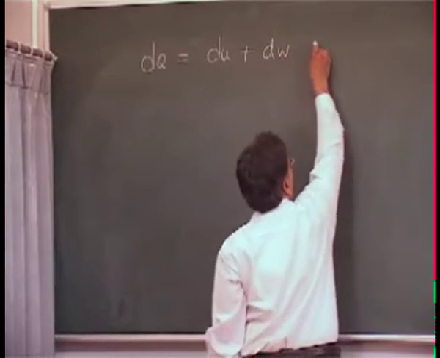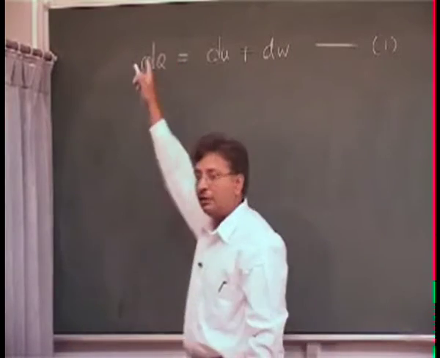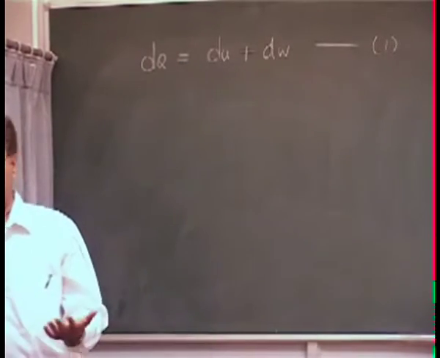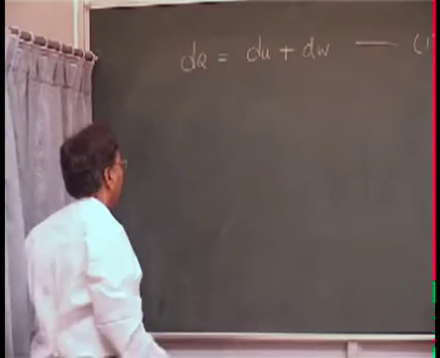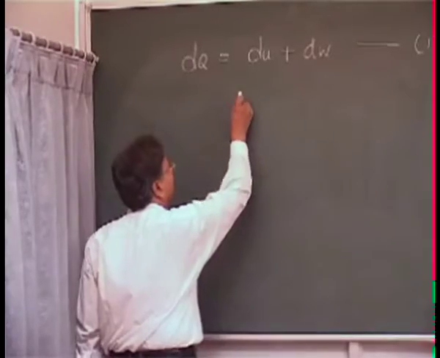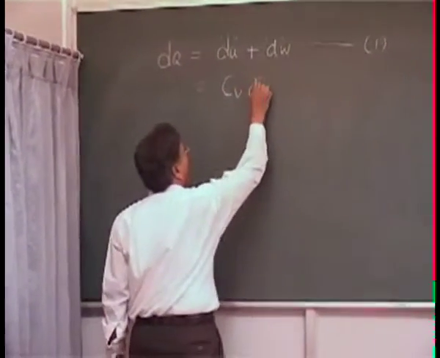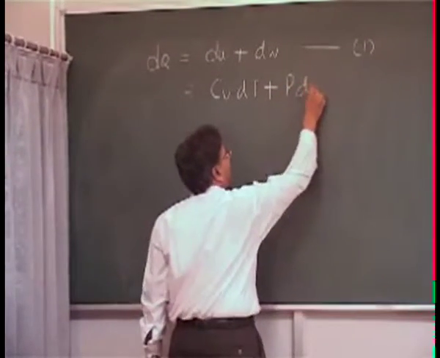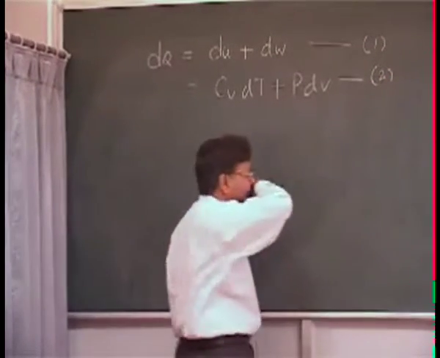Let's say this is equation number 1. This is the basic equation from the laws of thermodynamics. You can write this as Cv dT plus P dV. This is your equation number 2.